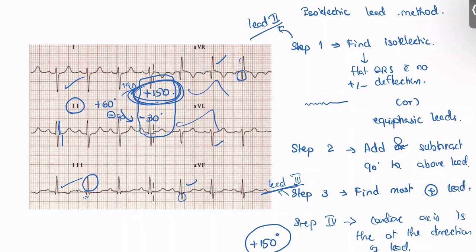We choose the most positive lead, and the answer is the degree nearest to the most positive lead. In this case, the most positive lead is plus 120, so plus 150 is the answer. It is the isoelectric lead method, and it can estimate almost the similar degree of the cardiac axis.